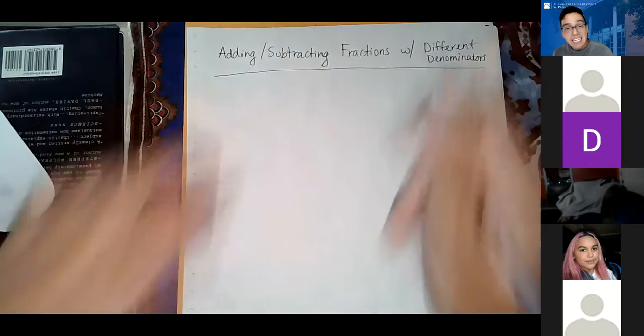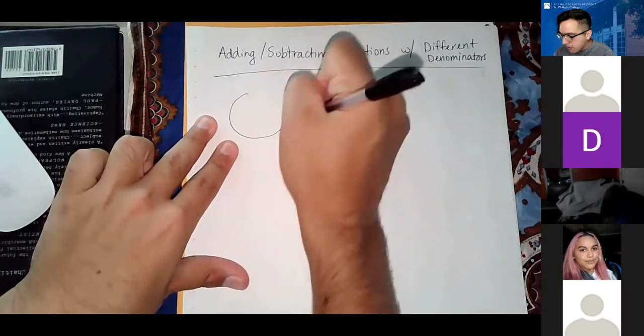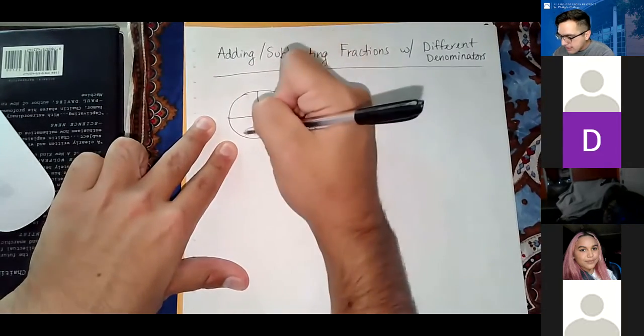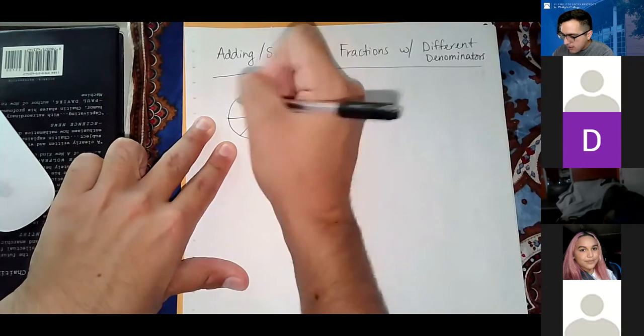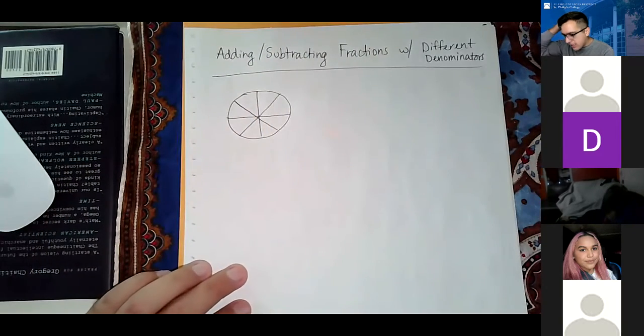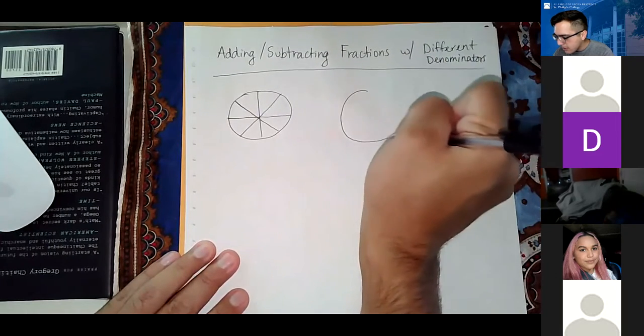So we're going to take it back to the pizza party. This time we have one pizza that, again, like a normal human being, we cut our pizza into 8 slices. But then maybe we have a friend that cuts them into fourths, like I said before.